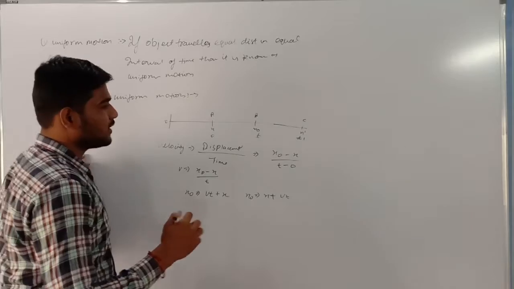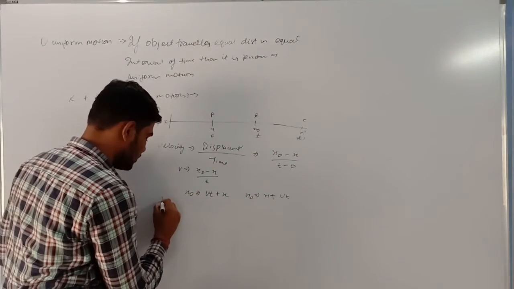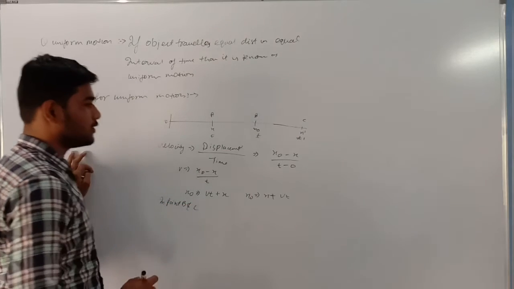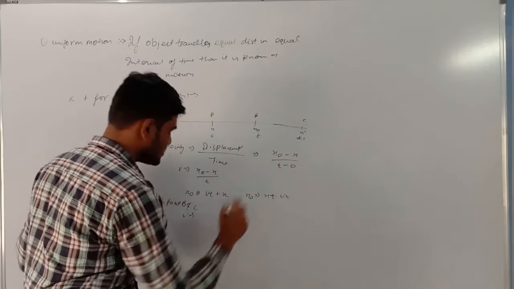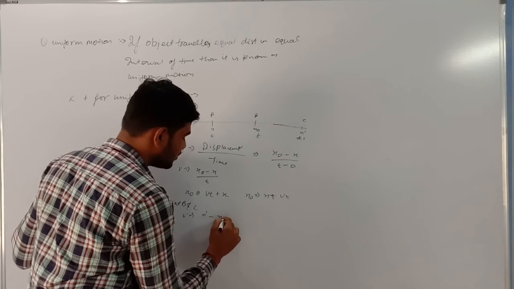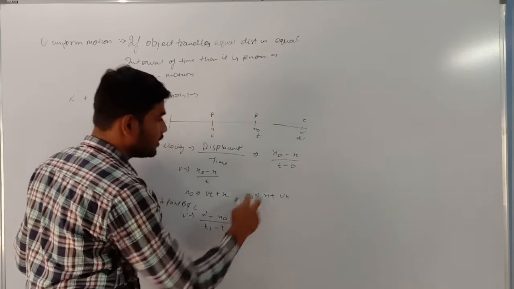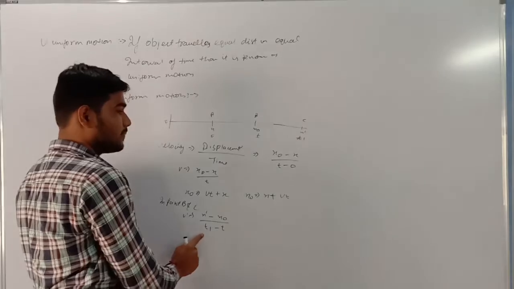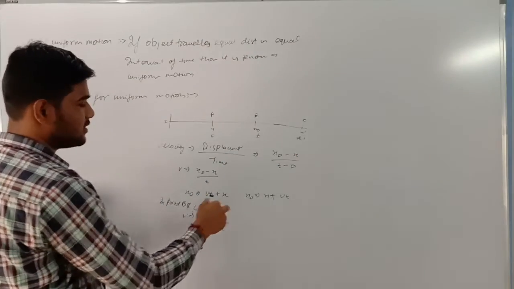Second, we want to apply the equation between points B and C. So what will be the displacement? Velocity equals displacement, which is x dash minus x naught, upon t1 minus t. This is the time interval, this will be greater and this will be smaller, so t1 minus t, and this will be larger and this will be smaller, so x dash minus x naught.